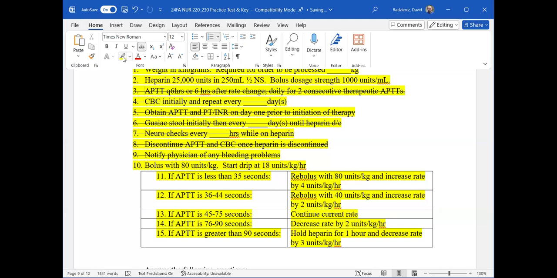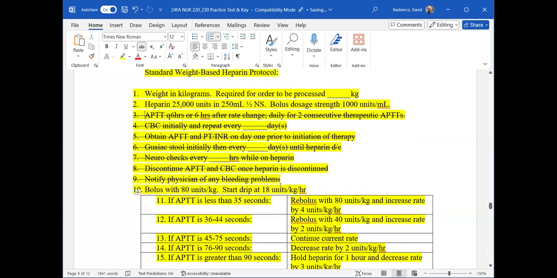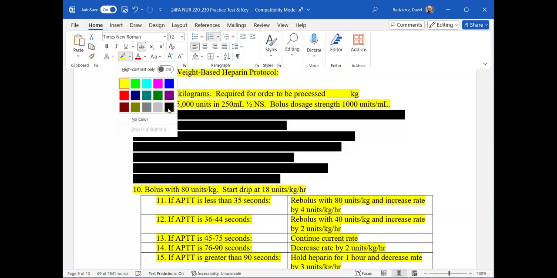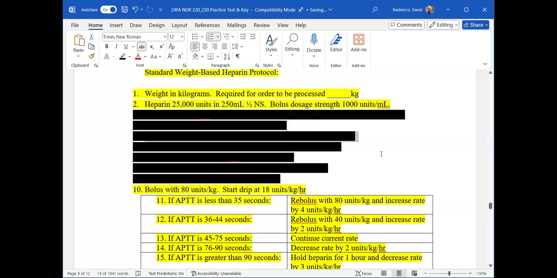But basically, this is what the heparin protocol looks like. If you Google heparin protocol, this is what you'll see. You'll see all this information, and the information that I've crossed out, and now I'm going to black out, is just information you do not need to know. So we can eliminate it from the decisions that need to be made when you're doing your calculations. That's why I've written it this way.